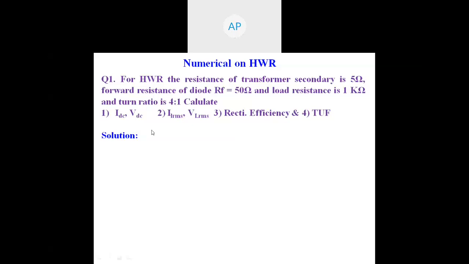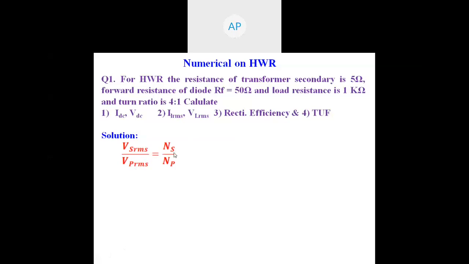We know that the turn ratio has a relation with the voltages on the primary side. Primary voltage is directly proportional to the primary turns, and secondary voltage is directly proportional to the secondary turns. So the secondary RMS voltage is directly proportional to the secondary turns, and the primary RMS voltage is directly proportional to the primary turns.